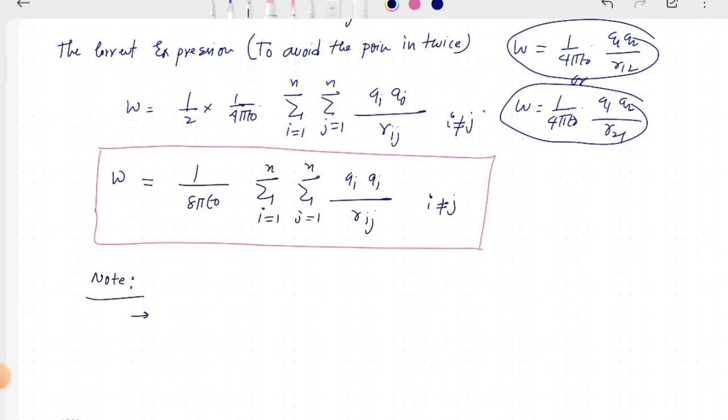The formula is valid or applicable only for point charges.